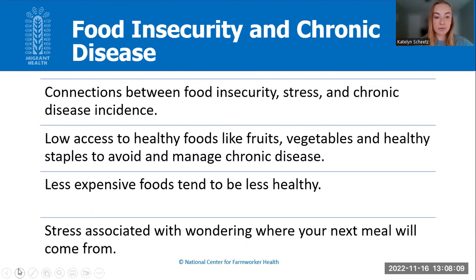Less expensive foods tend to be also less healthy. And so when folks are experiencing food insecurity, they also tend to experience lower nutritional quality. And then we also see stress associated with wondering where people's next meals will come from. Next slide.